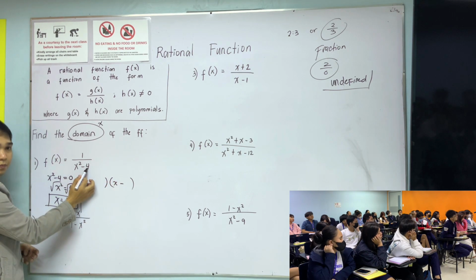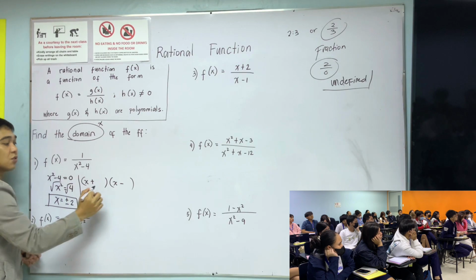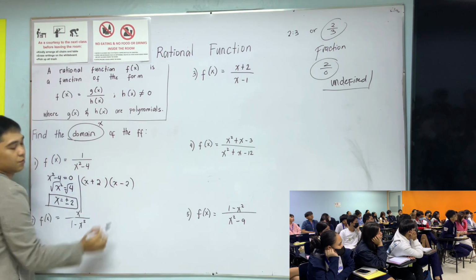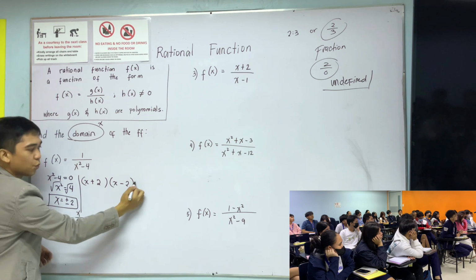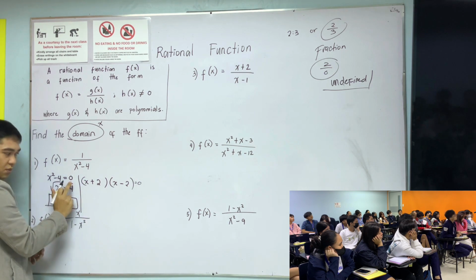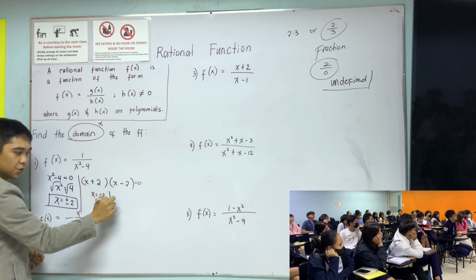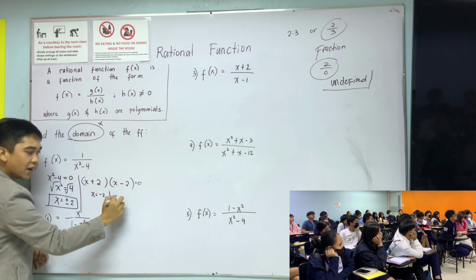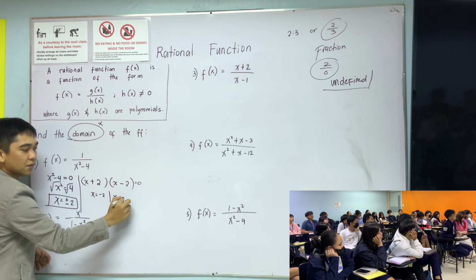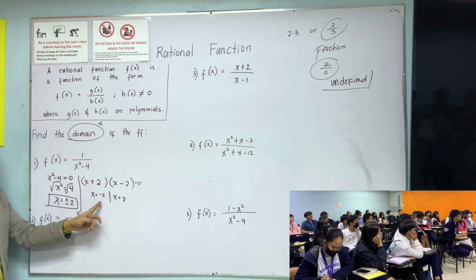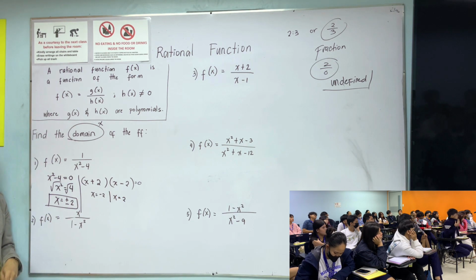Factors of 4, perfect siya. So, 2 and 2. Now, equate to 0. Yan yung ginawa natin. So, x is equal to negative 2, while the other one, x is equal to positive 2. Positive and negative 2. Yan yung bawal.